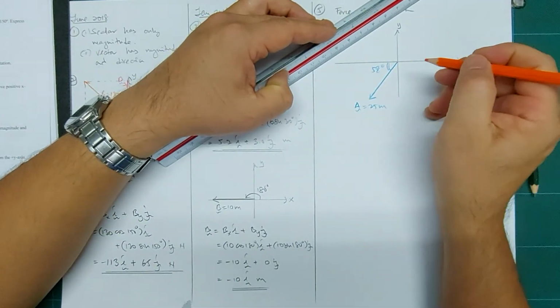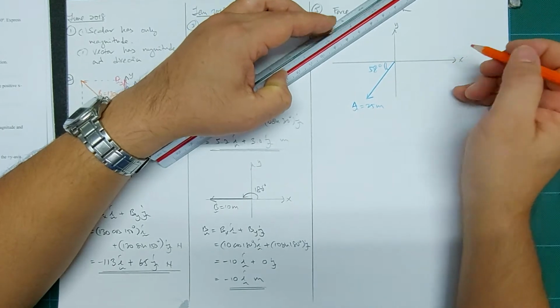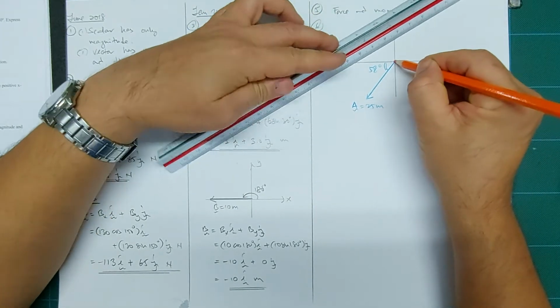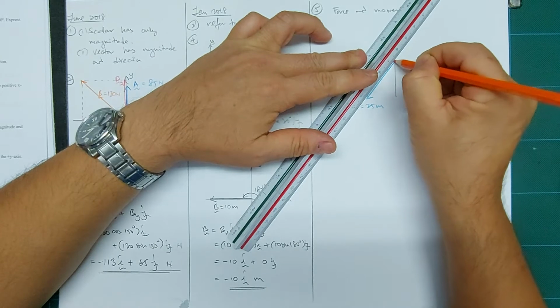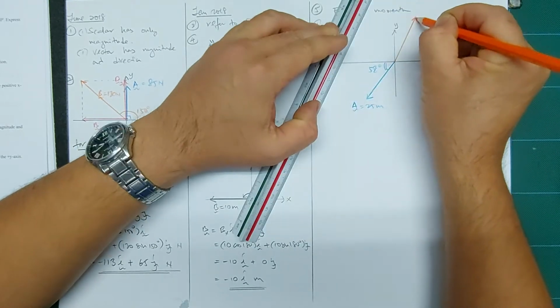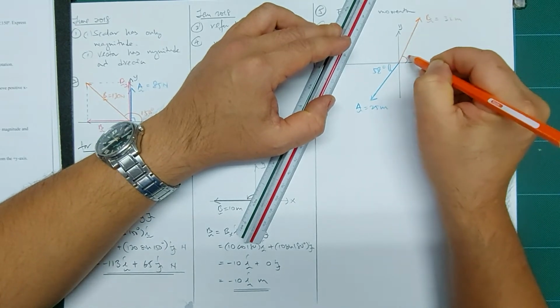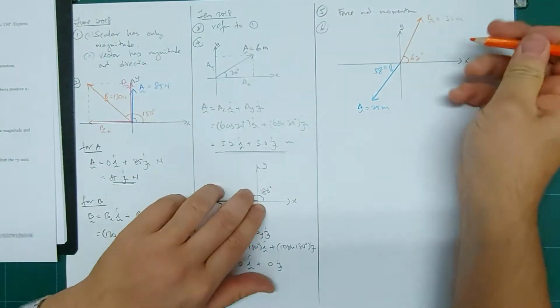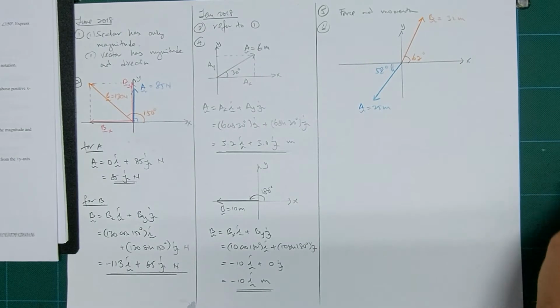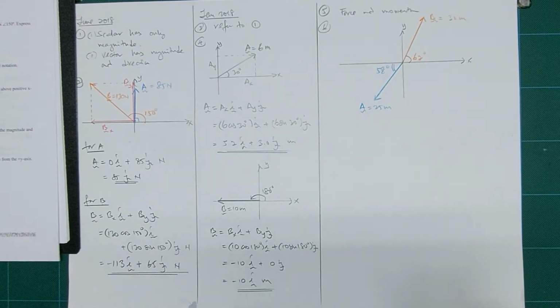And our vector B is 32 meter above positive x-axis at an angle of 62 degree. So that means slightly larger than this. There's our B, longer also. So that is our vectors given by the questions.